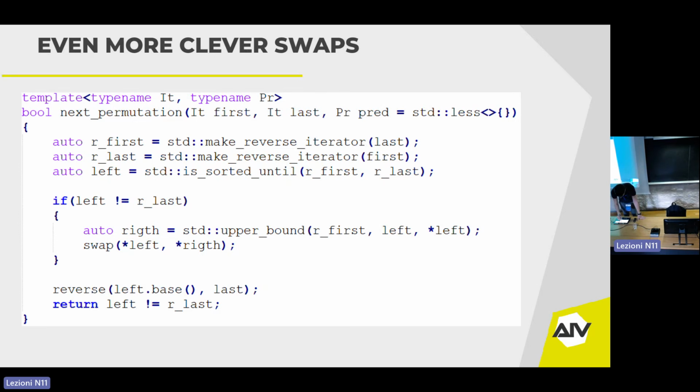We have reached 1, 2, 5, 4, 3. Which should be the next number of the sequence? 1, 3, 2, 4, 5, right? So how do we go?